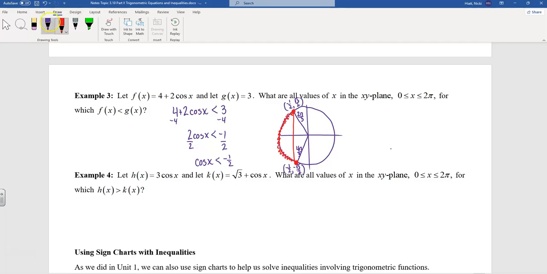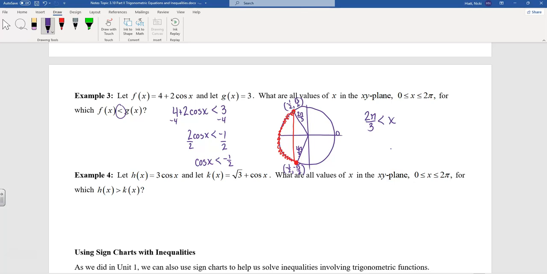To give your answer, you always start over here at 0, and you go around counterclockwise. So right here, 2 pi over 3 is our first piece of our answer. I'm going to use a less than sign this time, not a less than or equal to, because I only have a less than sign, right?